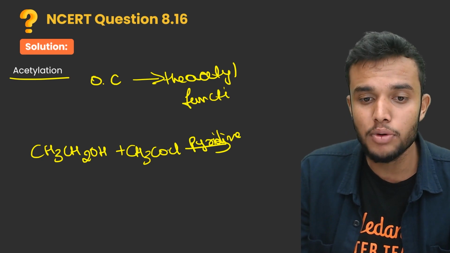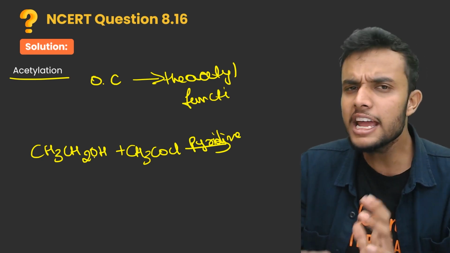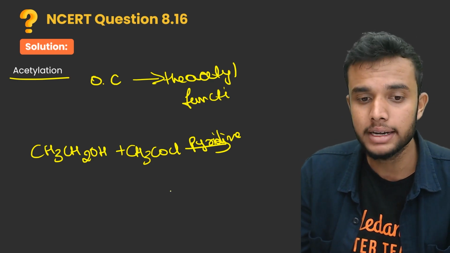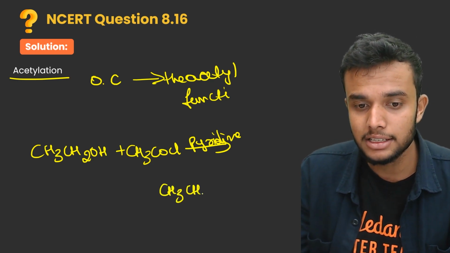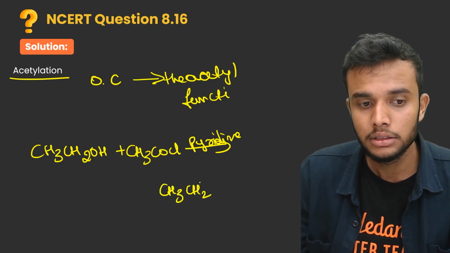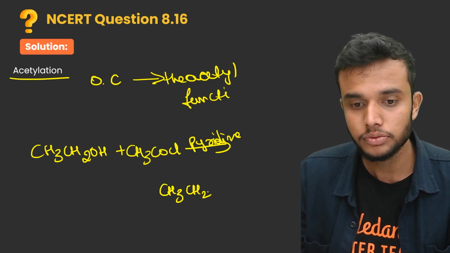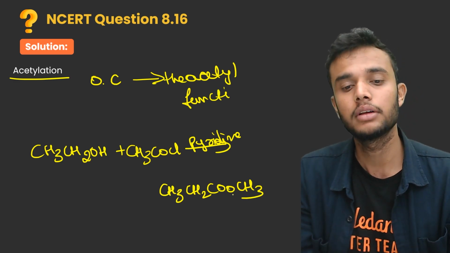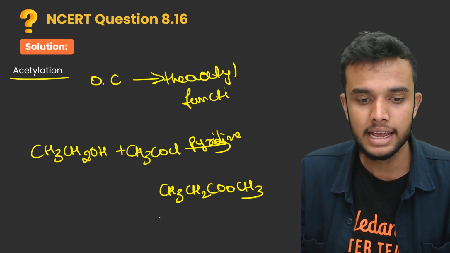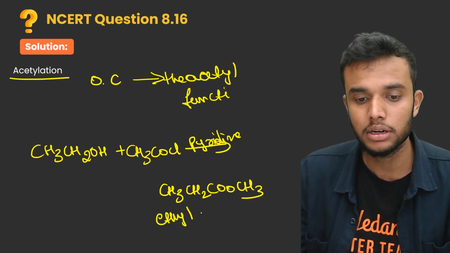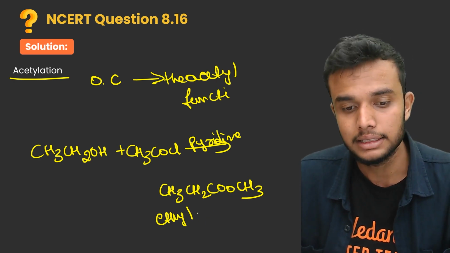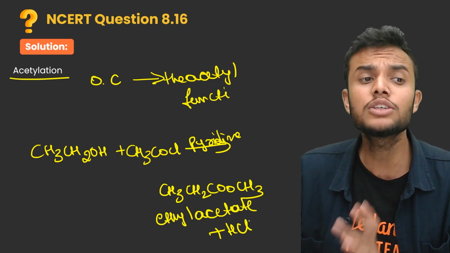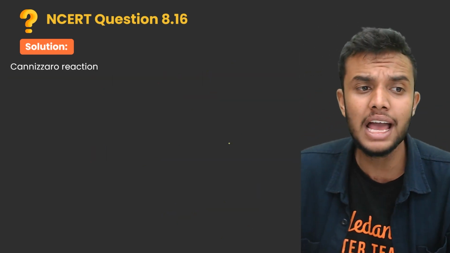That's why pyridine helps to take a proton out from the compound. It yields CH3CH2OCOCH3. What does it yield? Ethyl acetate plus HCl. Understood? This is called acylation reaction. Let's move on to the next one.